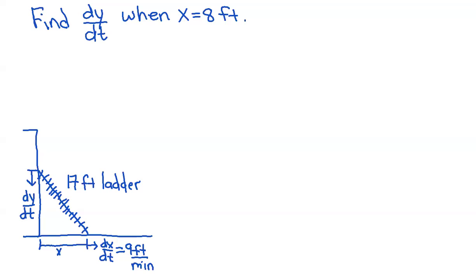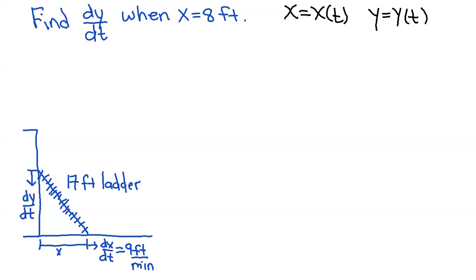Okay, so let's remind ourselves that this time x is a function of t and y is a function of t. So we'll be using implicit differentiation in order to solve this problem.